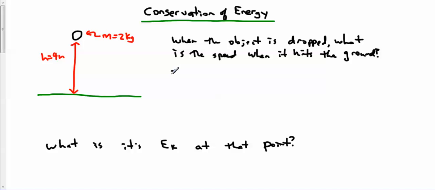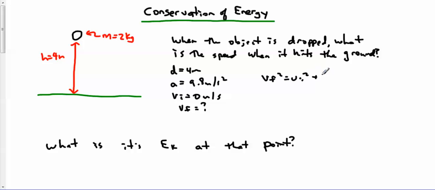So I know that the distance it's going to fall is 4 meters. I know its acceleration is 9.8 meters per second squared. Its initial velocity was 0, and I'm interested in what its final velocity was. I should use Vf squared equals Vi squared plus 2AD.